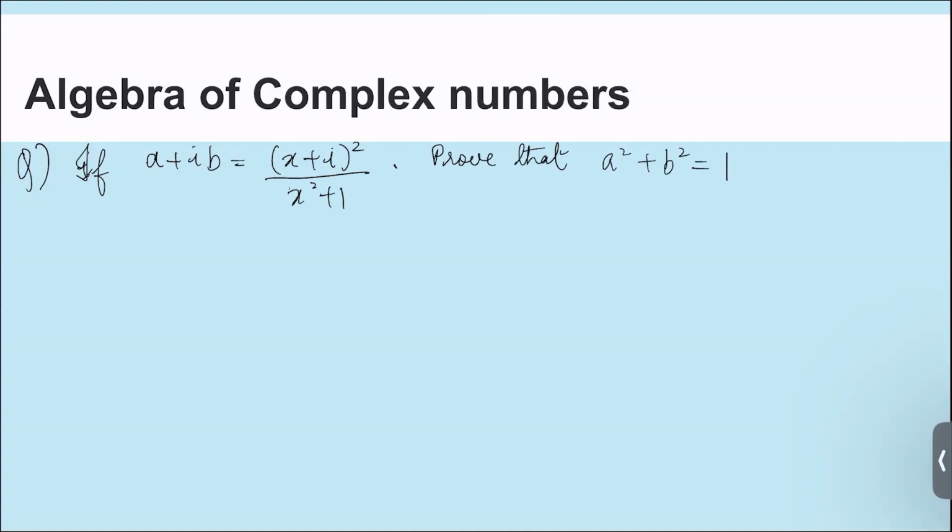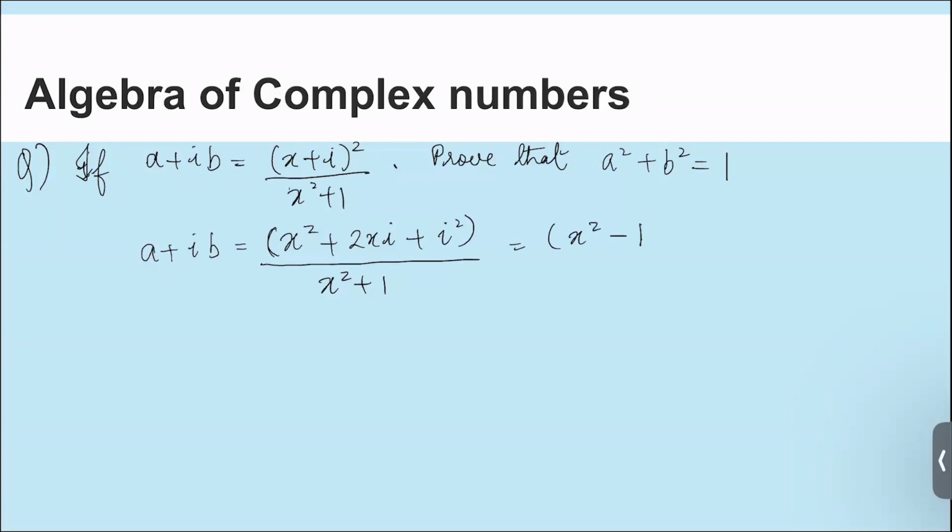Okay, so let's first solve what exactly your a plus ib would be. Over here you get a quadratic expression, so you expand it and get x squared plus 2xi plus i squared. So you get x squared minus 1 plus 2xi, and then you have x squared plus 1.